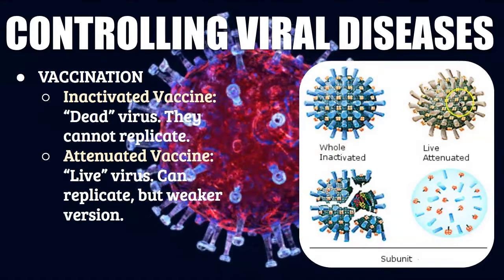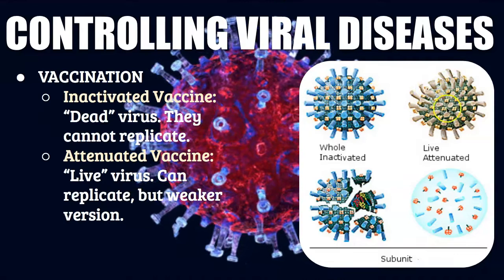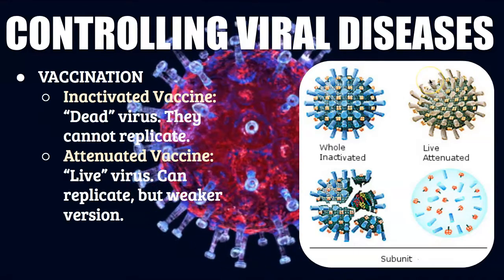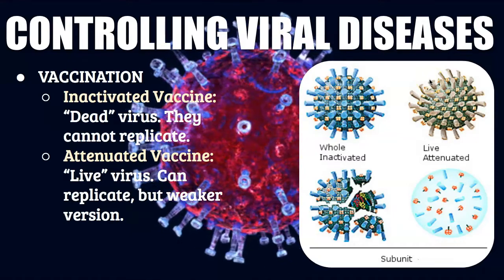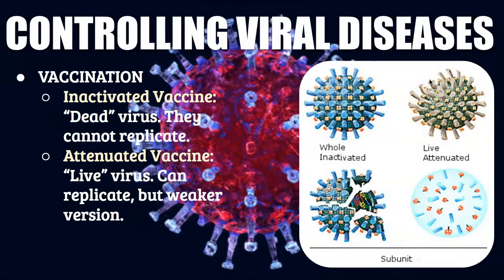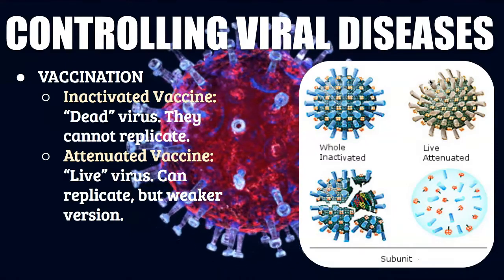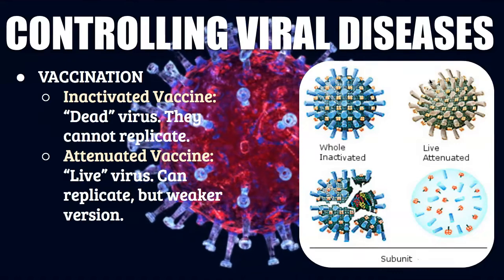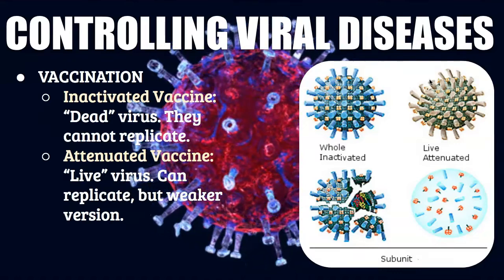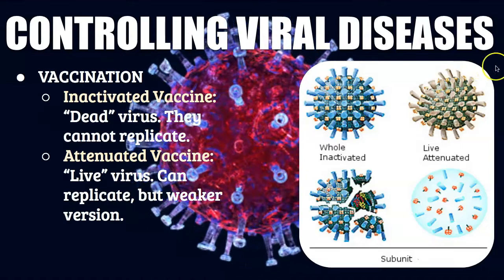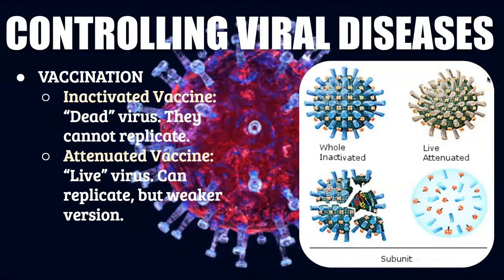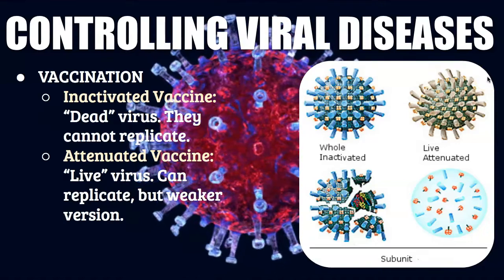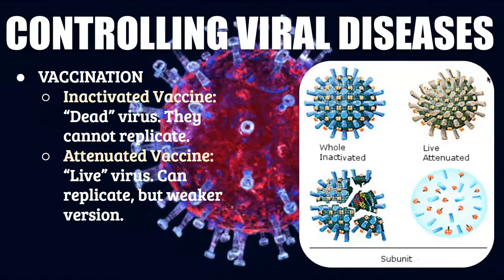You can see here how they look like different viruses, and that's because this one was made in a lab. Again, these are all made in labs. We're not taking these out of nature to make the vaccines. The virus might be in nature, but we take that and genetically manipulate it to make it safe to use. So attenuated viruses are going to be smaller ones. They could be very similar, or just a smaller version of the actual virus.